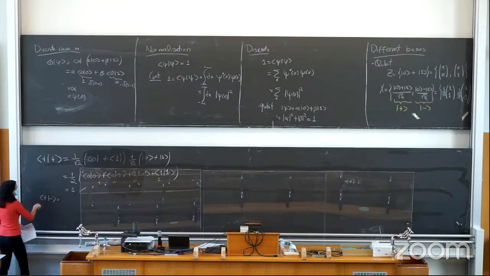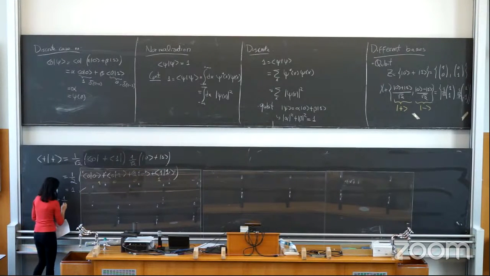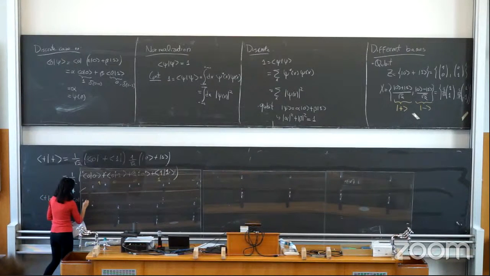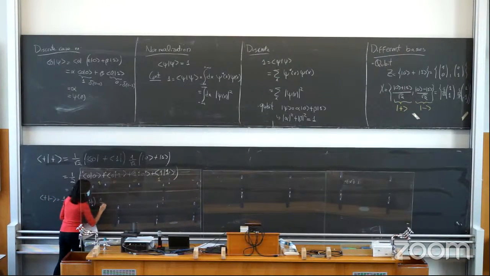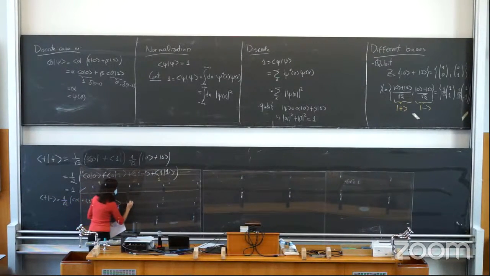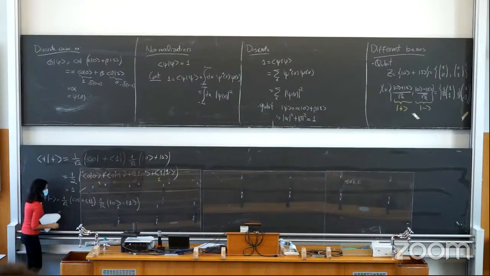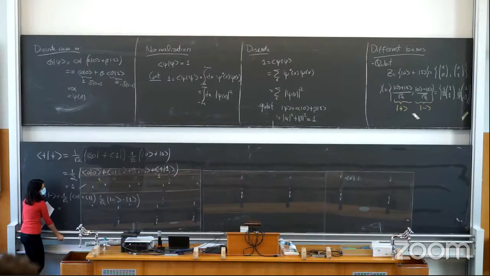So this should give us 0. Again, we have 1 over 2 times the bra 0 plus 1 with the ket 0 minus 1. Now it's the same thing, except the two 1s are going to cancel each other.